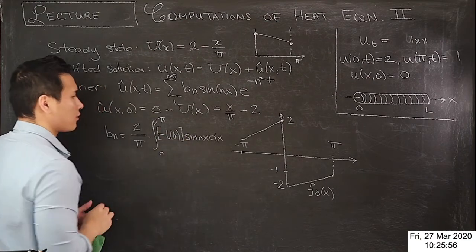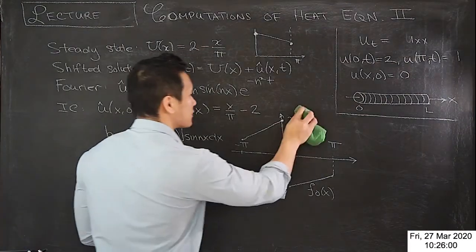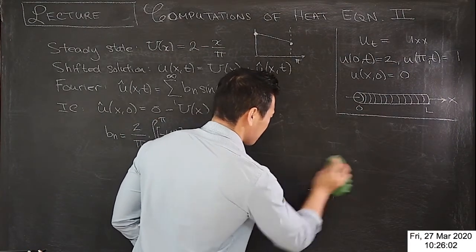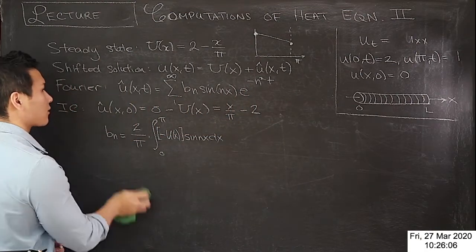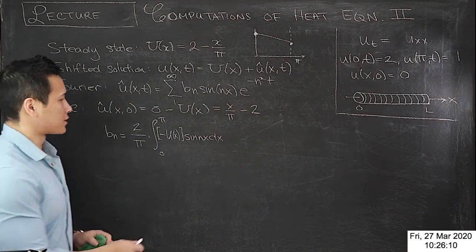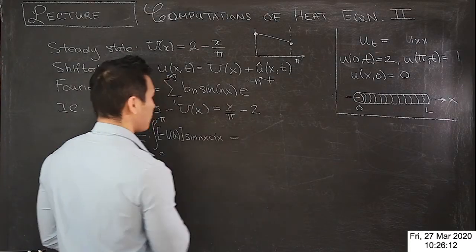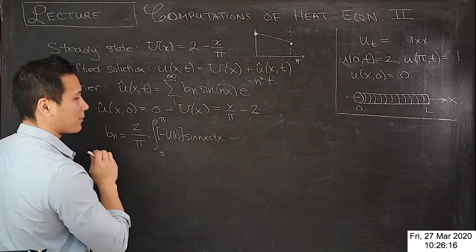So that's basically it. Let's just do this calculation. Now this is 2 over pi. Minus U of x is this function here, x over pi minus 2.